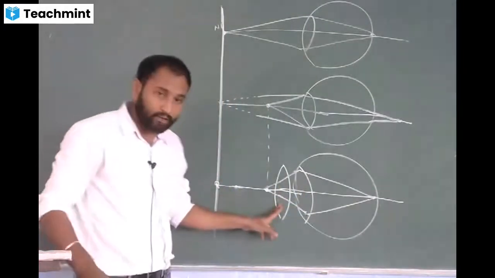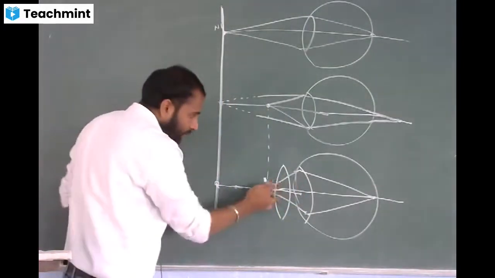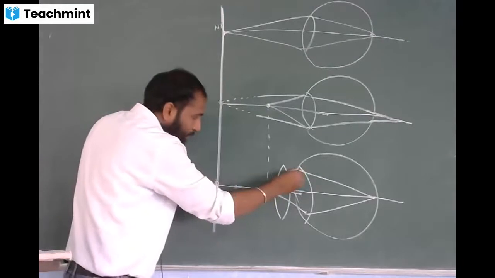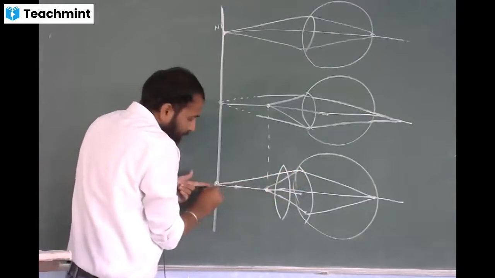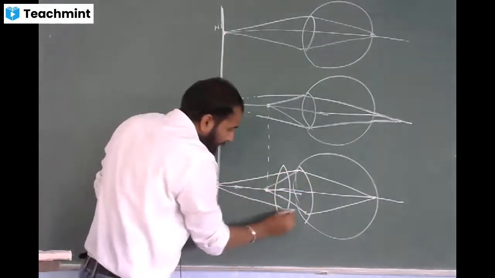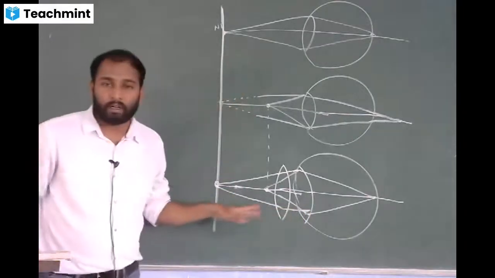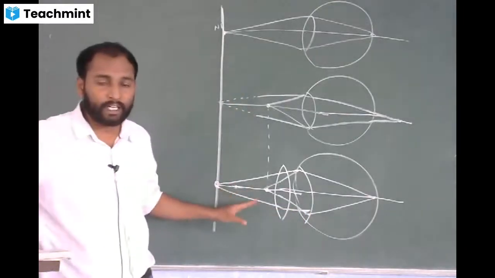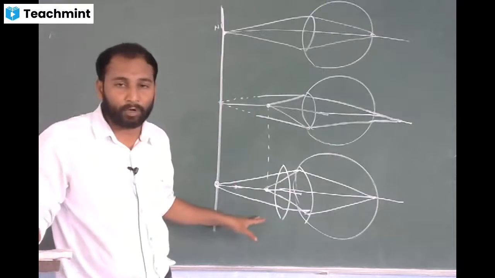So if I use a convex lens, what happens? It will converge the rays. So as it converges the rays, my near point will be corrected. So this is the diagram you have to write for correction of hypermetropia.